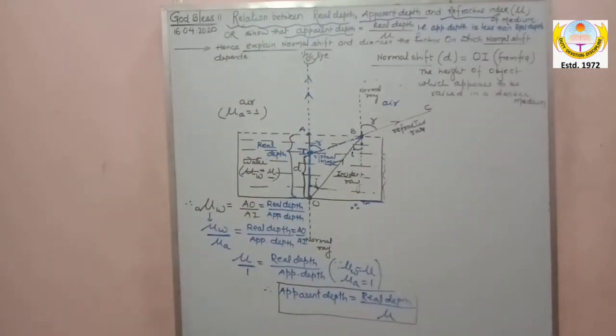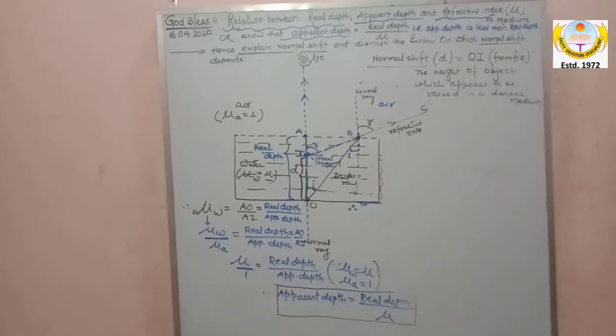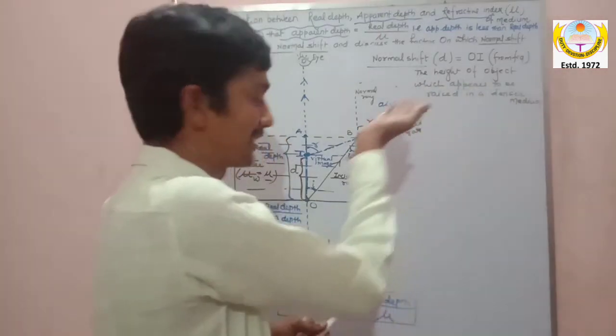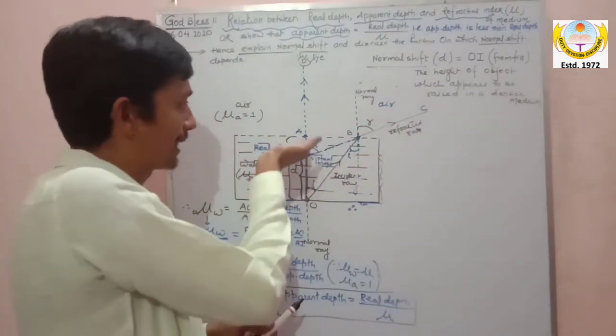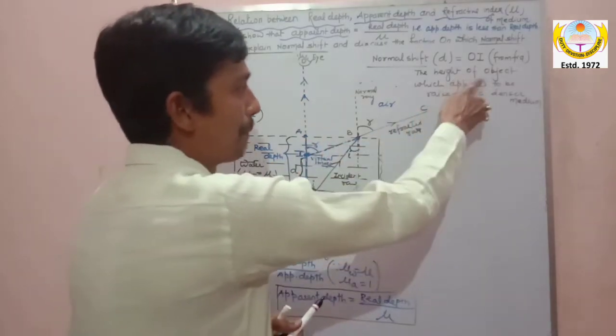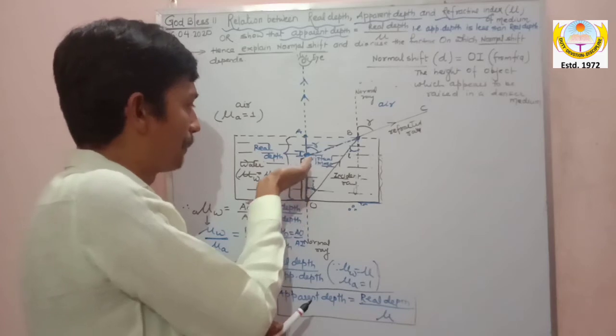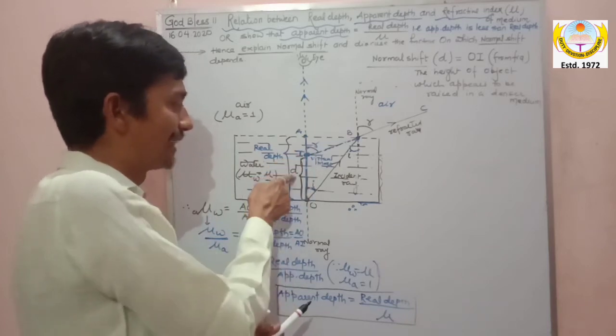The height of the object which appears to be raised, the height through which the object appears to be raised. The object was here, and it appears raised by this height. By how much height? By D height.